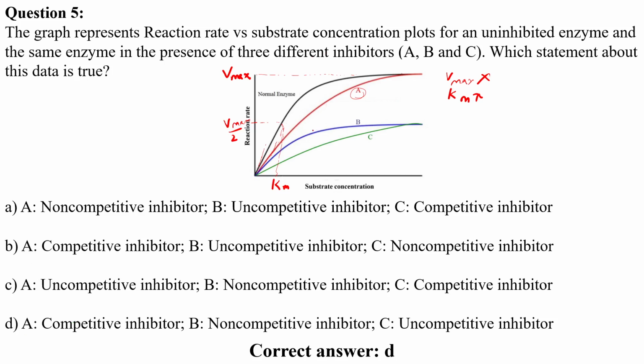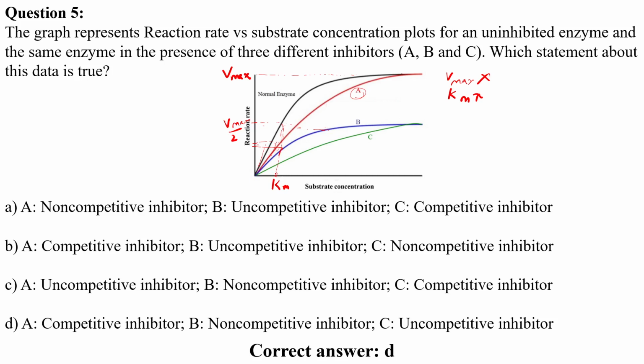So if you see, the initial velocity has reduced and the Vmax has reduced, but the Km, so this is the Vmax for this, and somewhere here we will have half of Vmax.